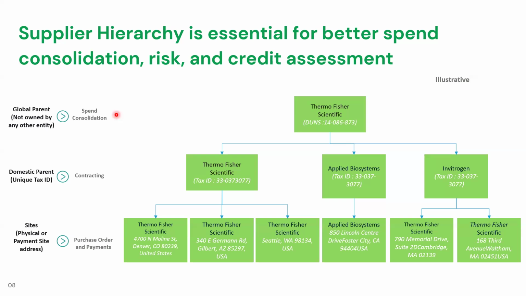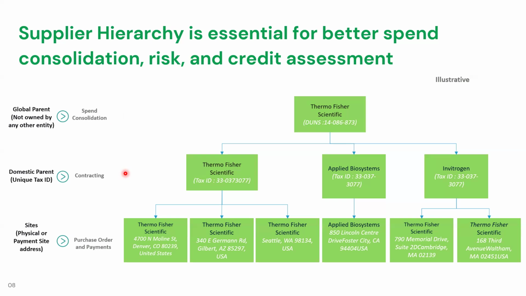Then after that comes a domestic parent or legal entity. Here I'm trying to simplify and remove some intermediate levels. The definition is wherever your contract happens. Suppose you have a contract with Thermo Fisher Scientific, a contract with Applied Biosystems, and a different contract with Invitrogen.